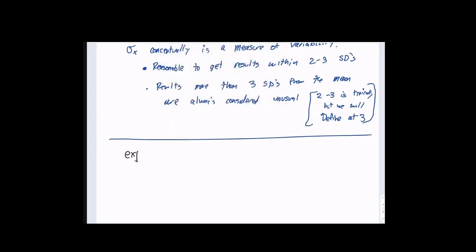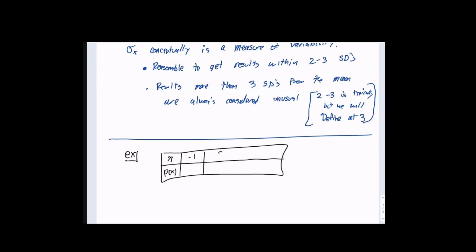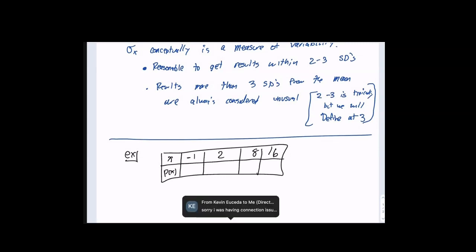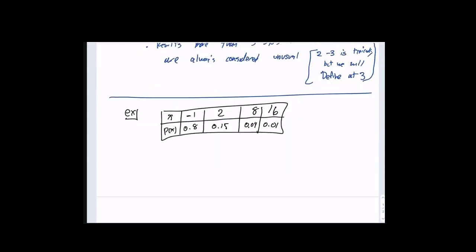We're going to do the same exact problem from yesterday, where we have the probability model and we're talking about gambling, or a game we're playing. The game was -1, 2, 8, 16, with probabilities 0.8, 0.15, 0.04, and 0.01. Part A was to find the expected value of x.